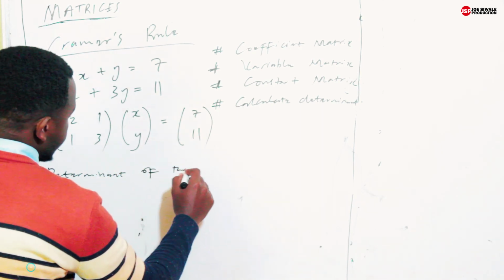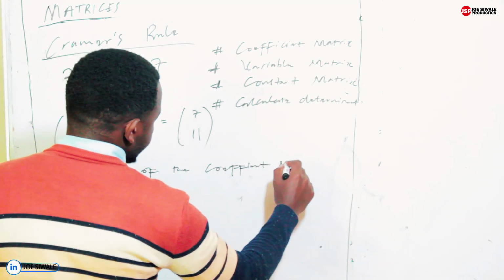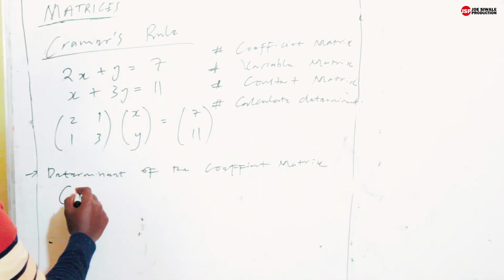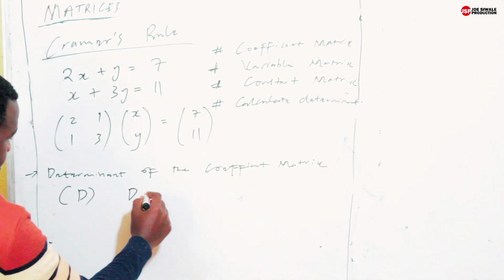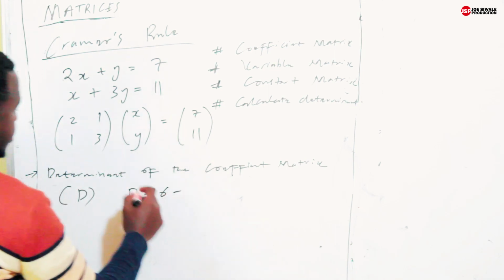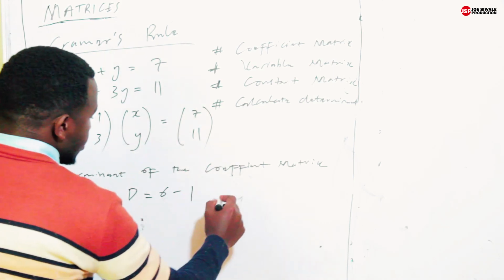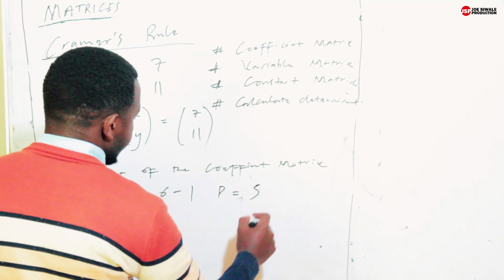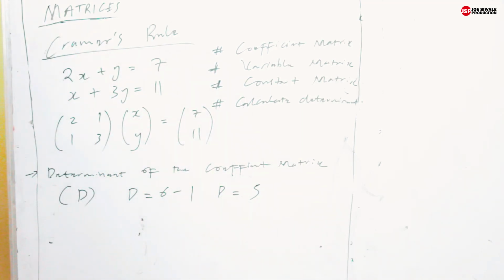We're going to say that the determinant is going to be represented by D. So to find our determinant, we're going to say 2 multiplied by 3, that's 6, minus 1 multiplied by 1, we're going to have 1. So our D is equal to 6 minus 1, we're going to have 5. So that's the determinant of the coefficient matrix.